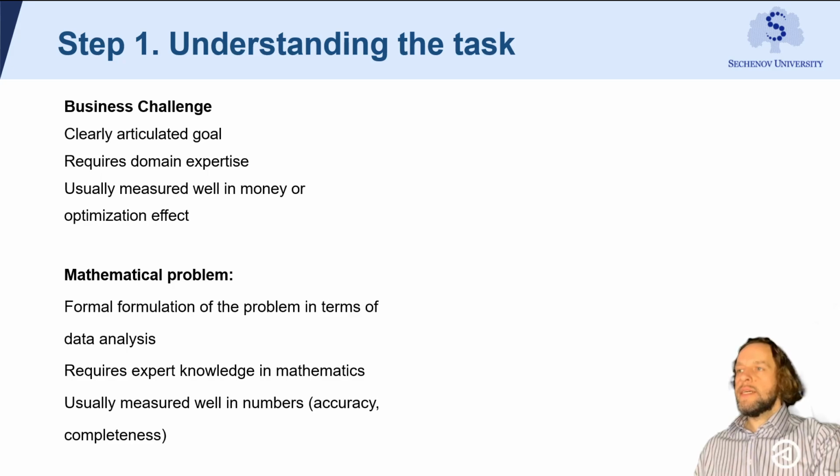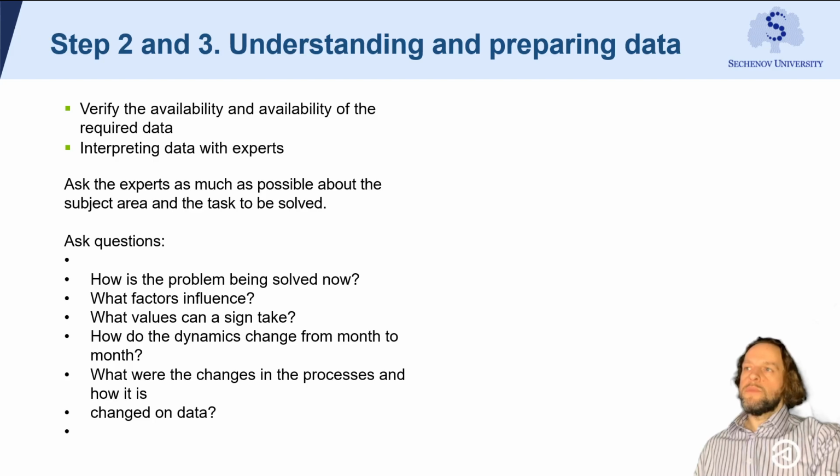And on the other hand, we have a mathematical problem to understand. So we, as an expert in this area, will also need mathematical and statistical knowledge to apply required algorithms on this task.